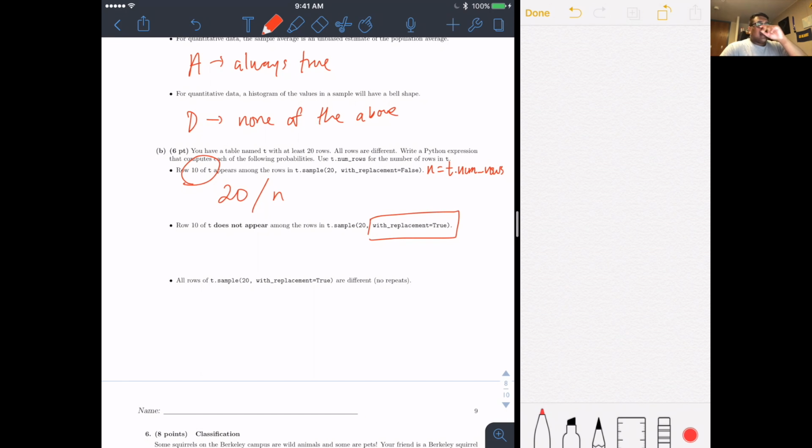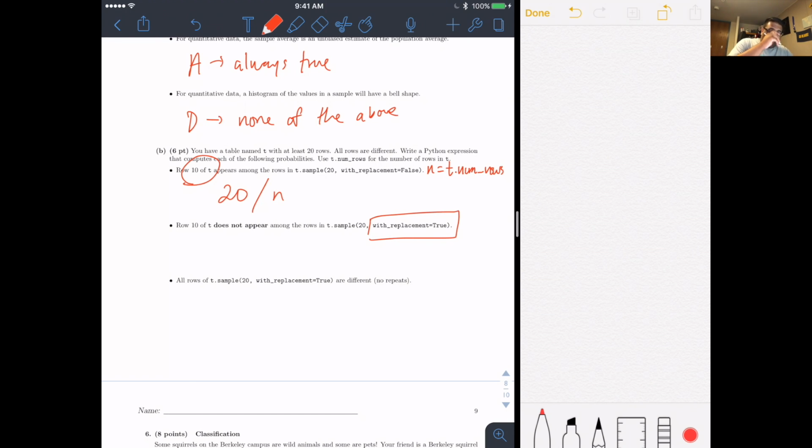Well, since we're sampling with replacement, since we can have repeats, each row can kind of be interpreted as its own case, right? So whatever probability we determine for the first row, we can apply that again for the second row, third row, fourth row, since repeats are allowed, right?